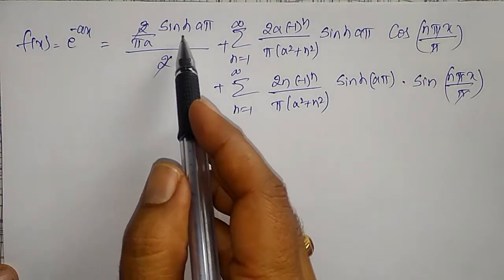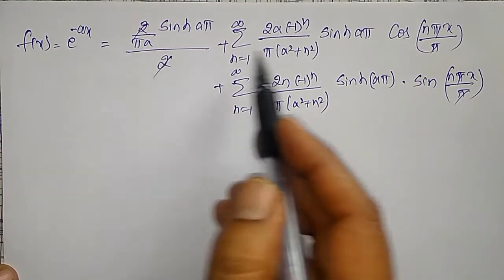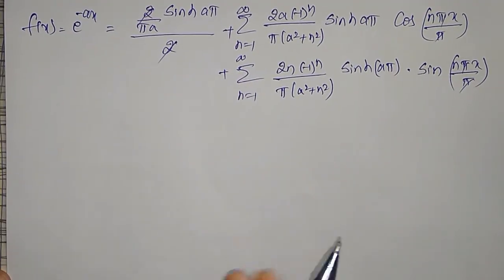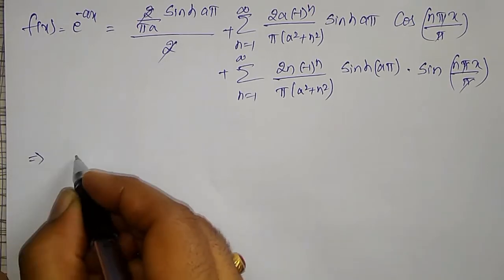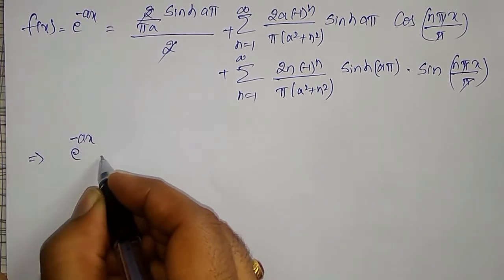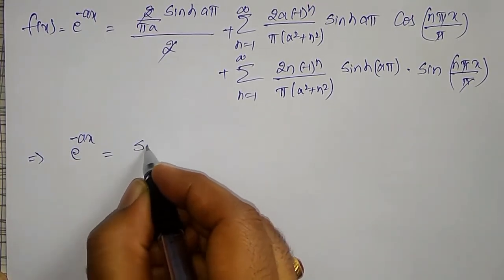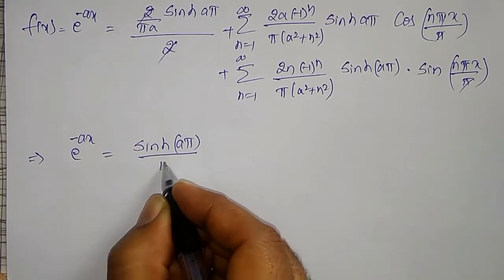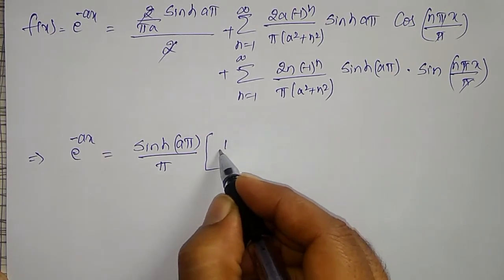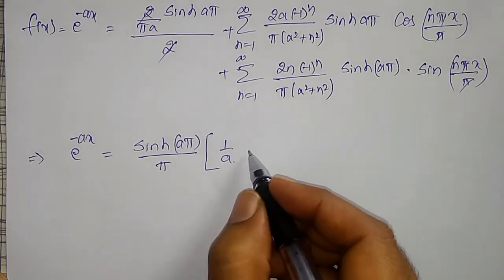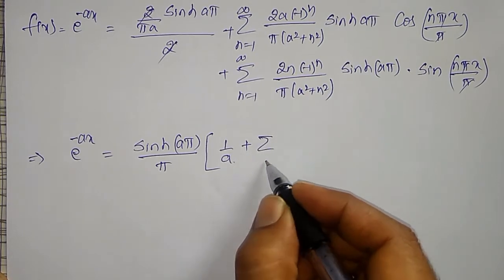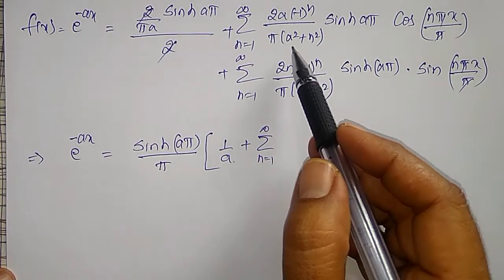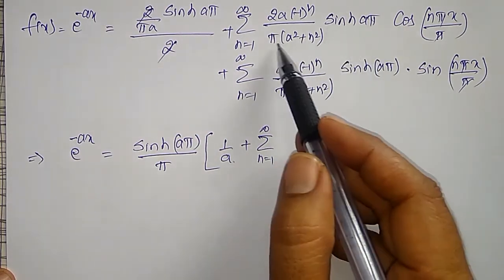Sine hyperbolic a pi divided by pi I can take common, because the summation is varying for n equal to 1 to infinity, therefore I can write e to the power minus ax equal to sine hyperbolic a pi divided by pi, then I can write it as 1 by a plus summation n equal to 1 to infinity. This term I have taken common, sine hyperbolic a pi by pi.